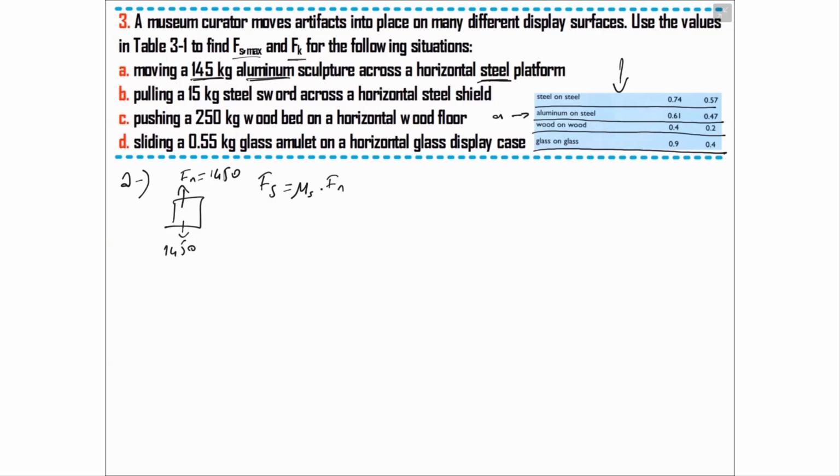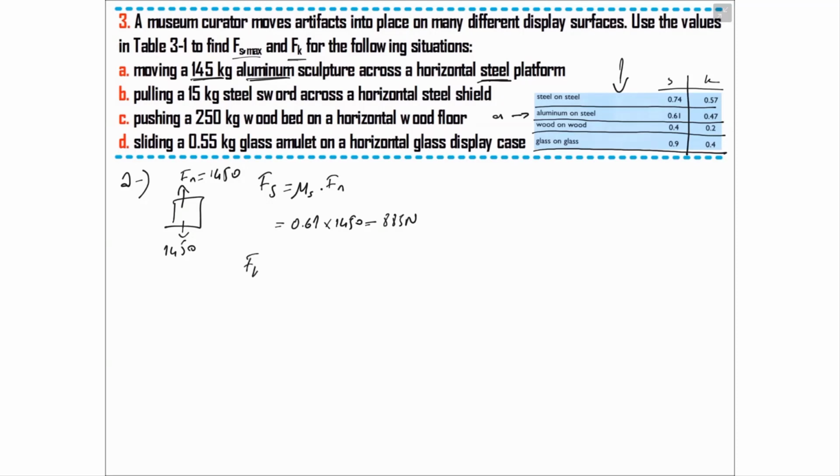So mu s for the A, this is the static friction, this is the kinetic friction coefficient, by the way. And for the A, it is 0.61 times 1450, and it will be equal to 885 Newton.